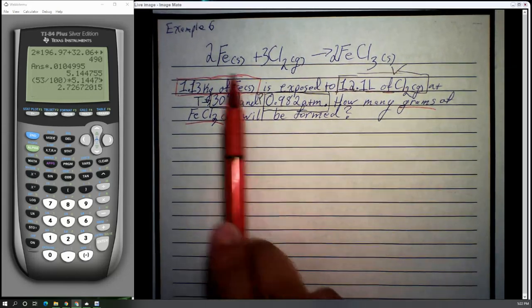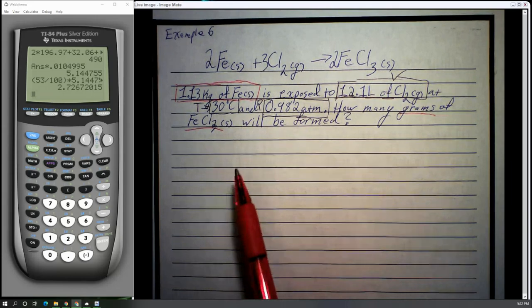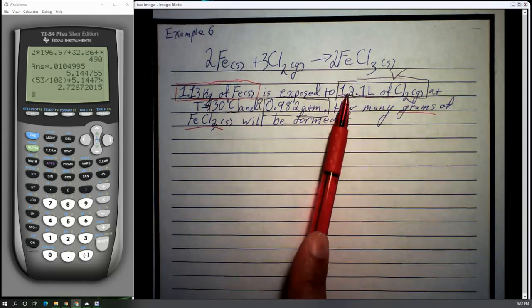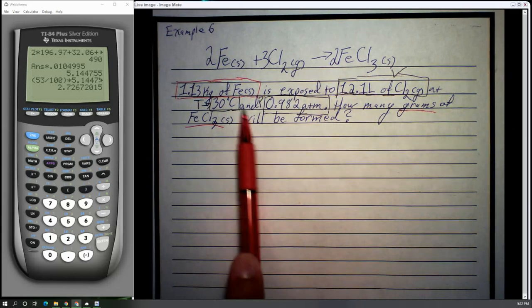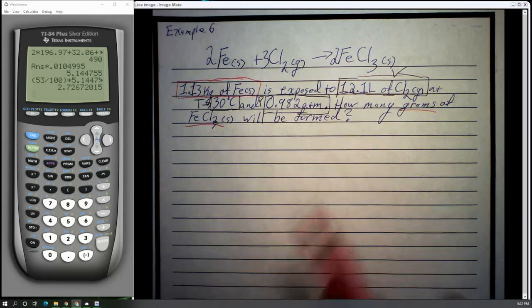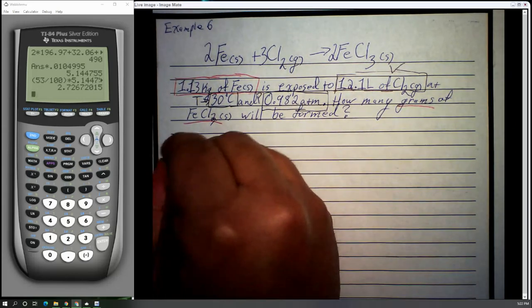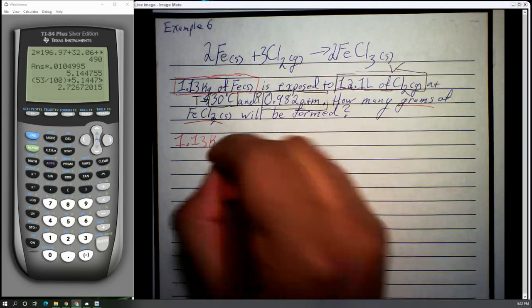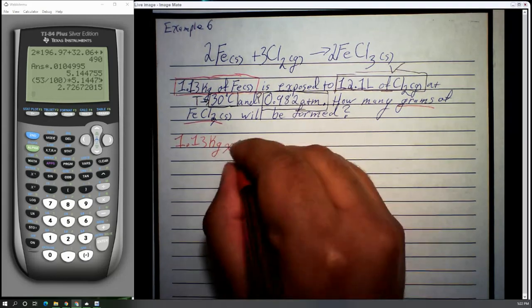The starting amounts of our reactants, limiting reactant problem, but one's in grams, one's in liters, temperature, and pressure, so we're going to have to find moles there. So let's start with the iron. Now, we're going to have to convert down from kilograms.